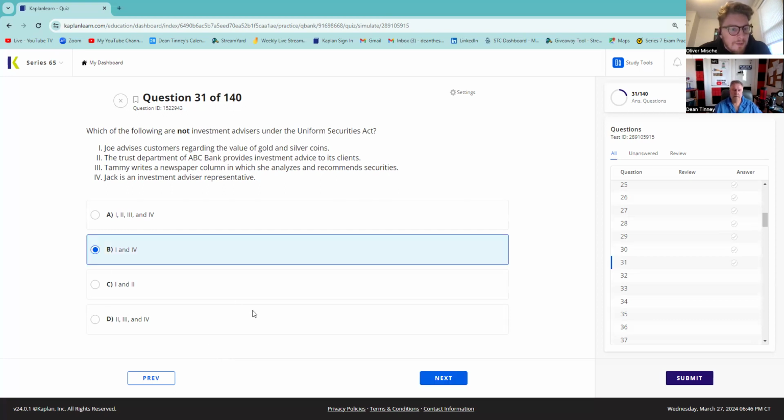What? Is it 1 and 2? It's 1, 2, 3, and 4. Joe advises customers on the value of gold and silver coins. Those aren't securities. Okay. Yep.